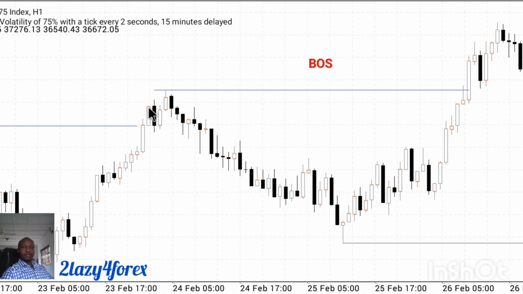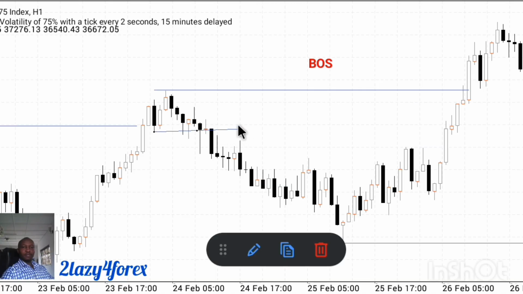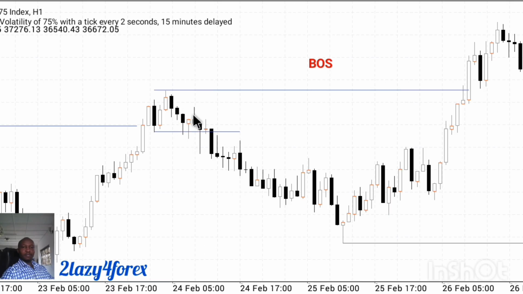So that qualifies it as a high. So I'll just put a trend line here, like this. Once I have a lower low form, I know this high is valid. So my pullback has started.